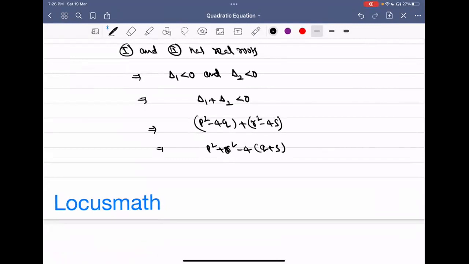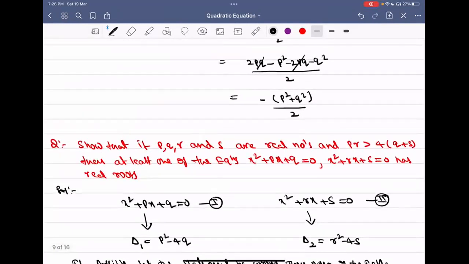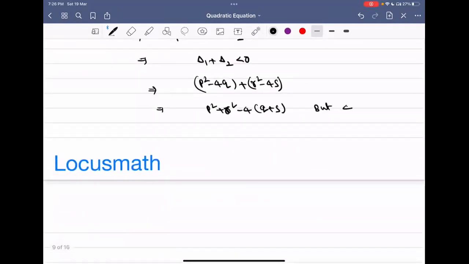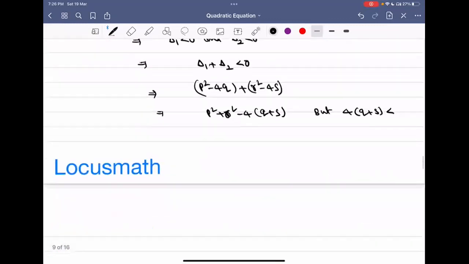But in the question it is given that 4 times q plus s is less than pr.